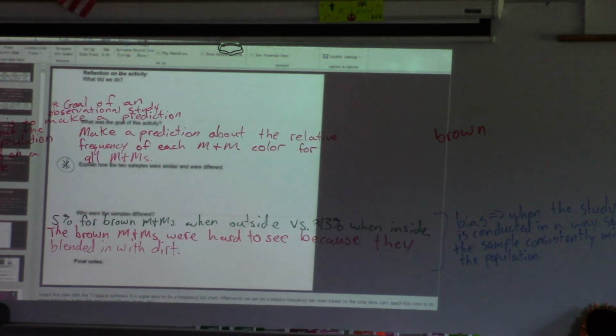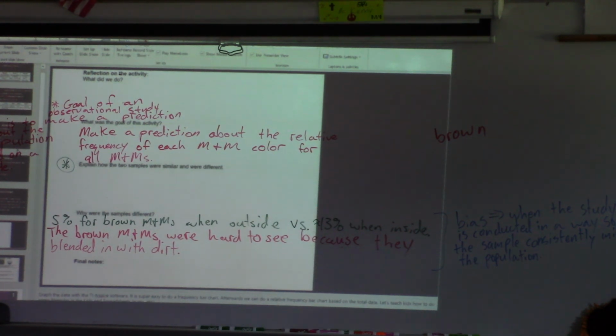Not very, right? Bias is a major issue within observational studies because we want to predict the population, but the study is conducted in a way so that the sample consistently will misrepresent the population. Meaning if I do that study over and over and over again, I'll still miss the population. Does that make sense? Okay?